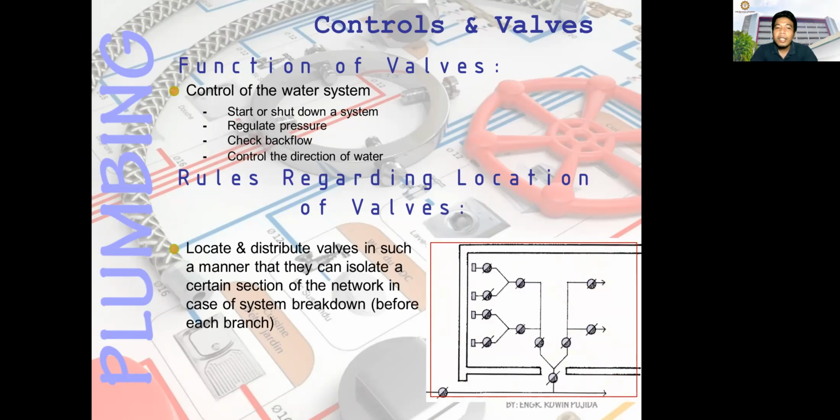Locate and distribute valves in such a manner that they can isolate a certain section of a network in case of a system breakdown before its branches. So before you branch out your main water line, you can have a valve, maybe a globe valve or a gate valve.